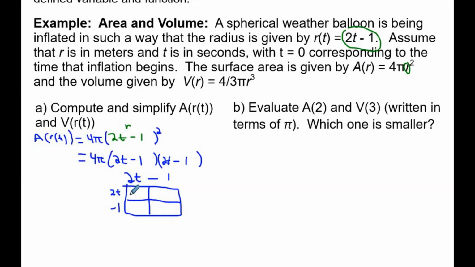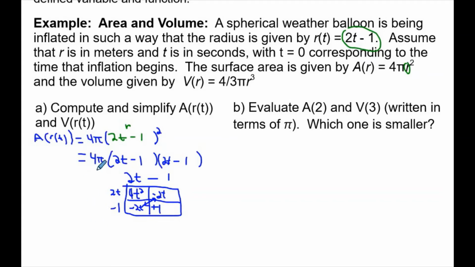So 2 times 2 would be 4, and then we have t times t, which is t squared. And then 2t times negative 1 is negative 2t. And then 2t times negative 1 is negative 2t. And then negative 1 times negative 1 is positive 1. Beautiful thing about the box or area method is that the like terms are always right here on the diagonal.